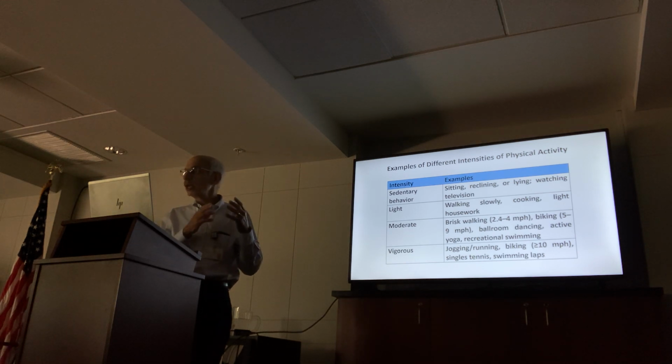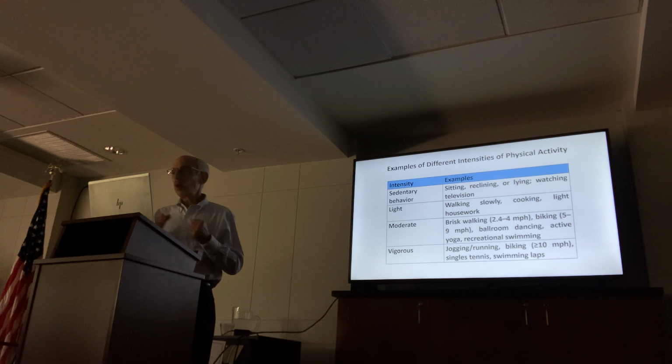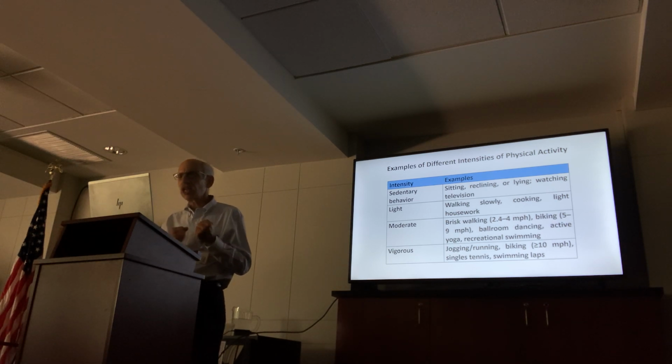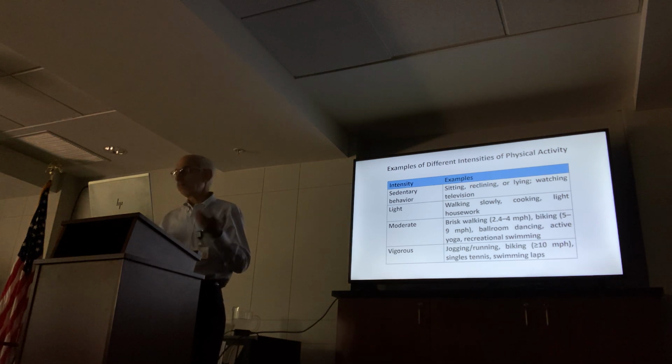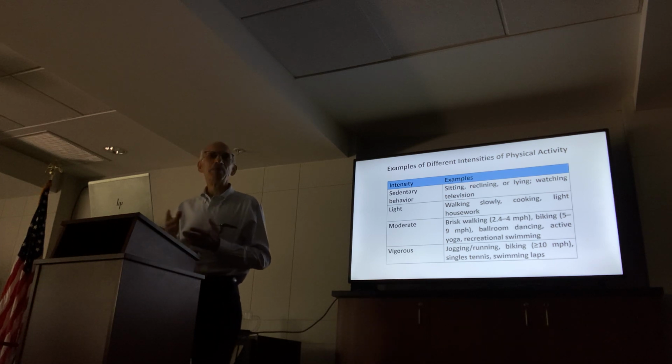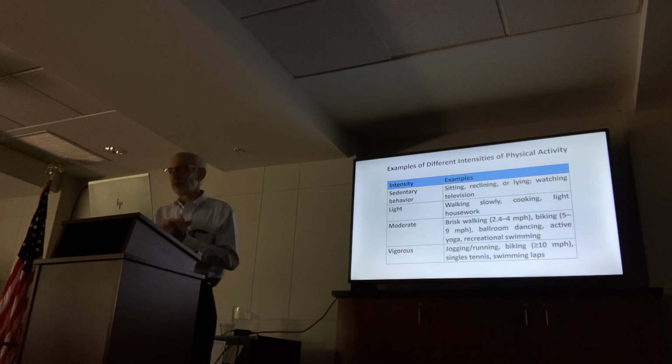Moderate exercise is brisk walking, biking, dancing, yoga, or even swimming if you have the opportunity. Vigorous exercise is jogging or running, biking, tennis, swimming laps, pickleball. I don't know if you have a pickleball court here, but everybody in Florida is doing pickleball.